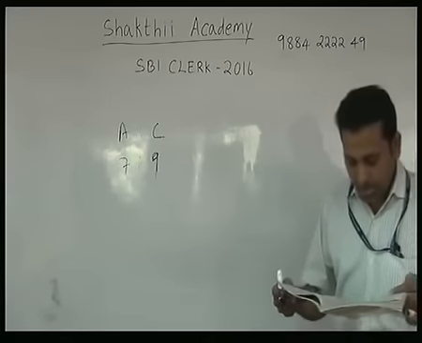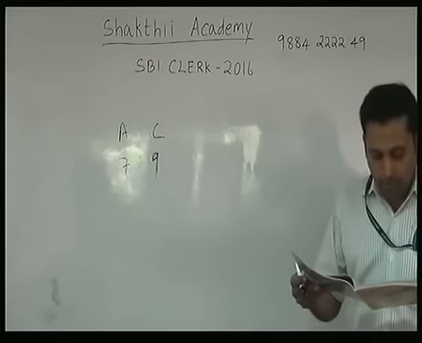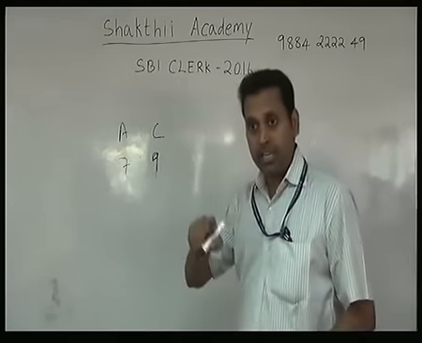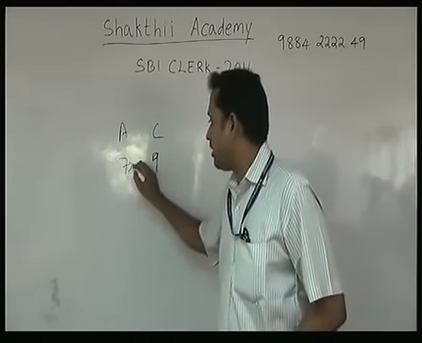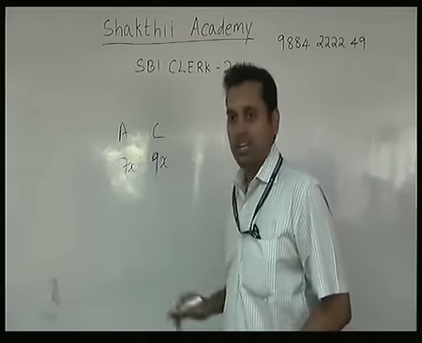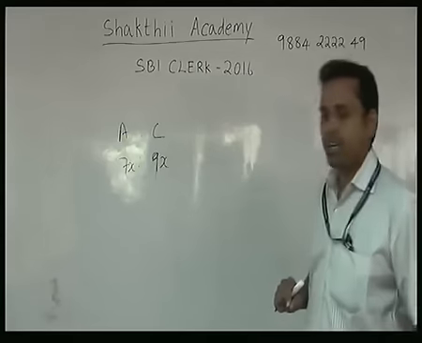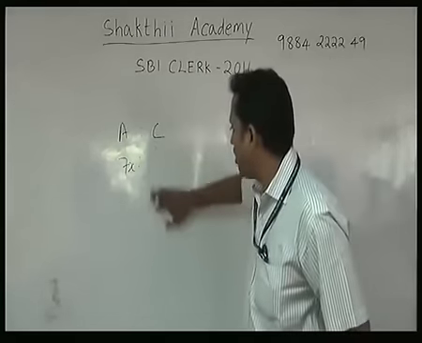Then what is given? B received 29 more chocolates than A. I told you in the beginning itself, a ratio I can write as 7x and 9x. So 7x is the chocolate given to A, 9x is the chocolate given to C. Correct or not?